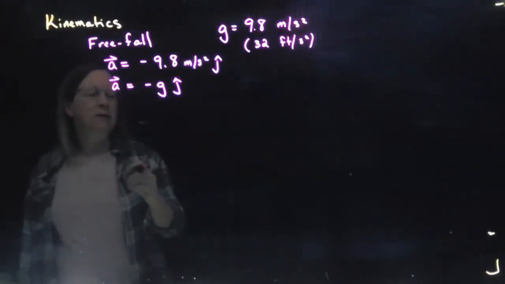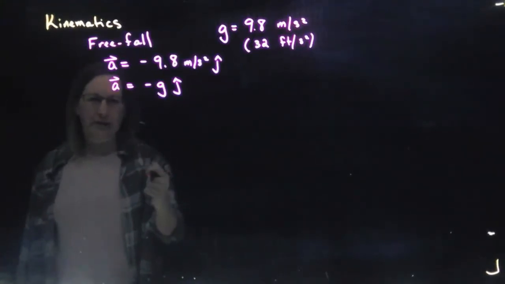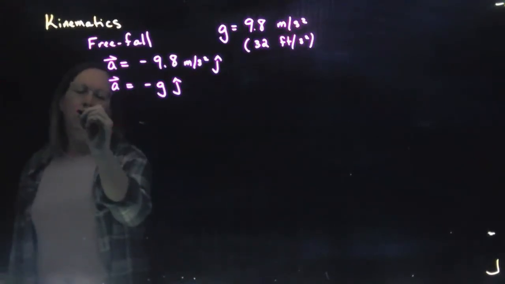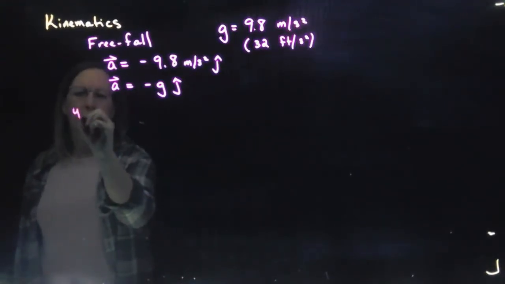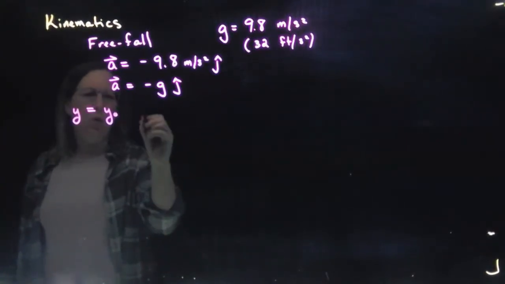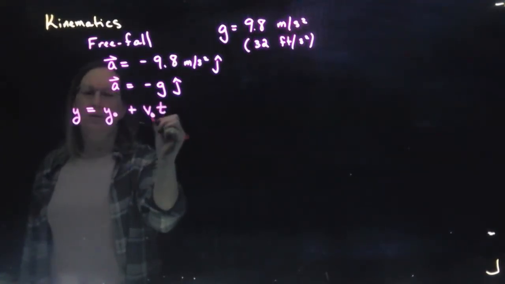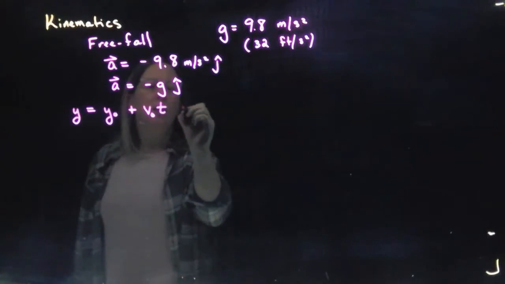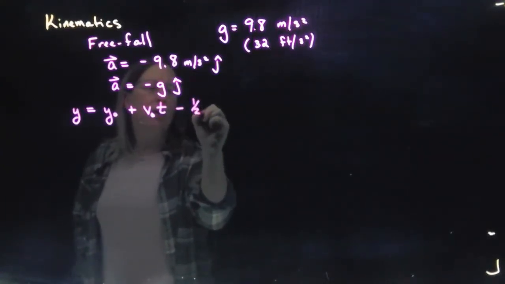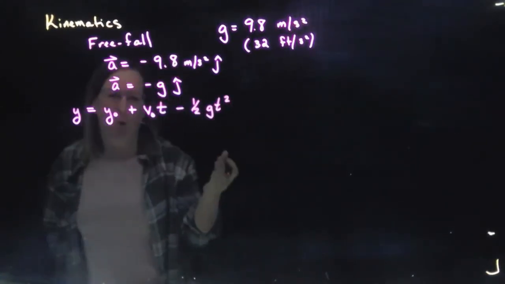If that's the case, then what we're going to be doing is looking at our three equations for constant acceleration and modifying them slightly. So whereas we had x, we're going to actually write this as y is equal to y naught plus v0 t, where this is the initial velocity times time, and usually it's plus 1/2 a t squared, or we can write this as minus 1/2 g t squared. Notice this is the same equation we had before.